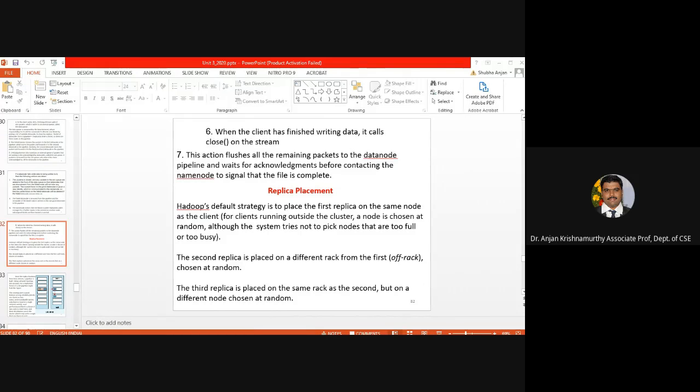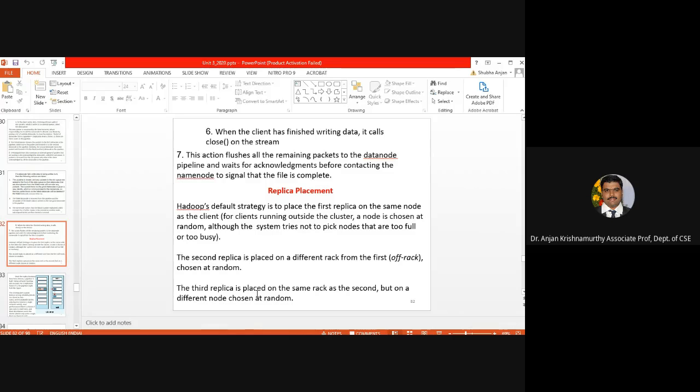This replica strategy is where data located on a particular node has to be copied onto another place in exactly the same shape. It can be copied onto the same rack, or onto a different rack or different nodes.